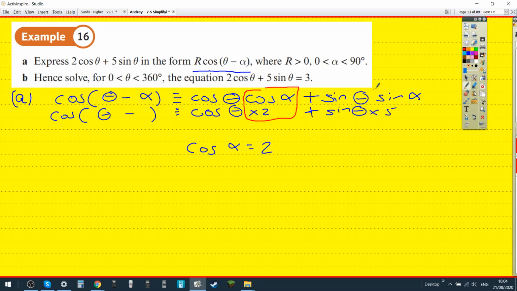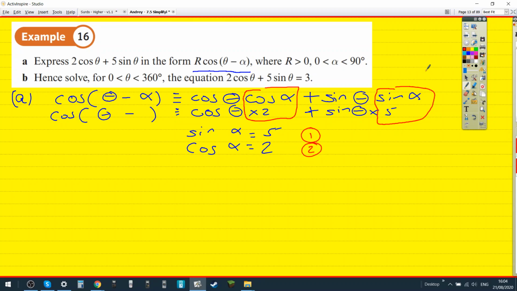Oh, so sine alpha is equal to 5. And we won't be able to do arc sine of 5 either, will we? No. But what can we do?